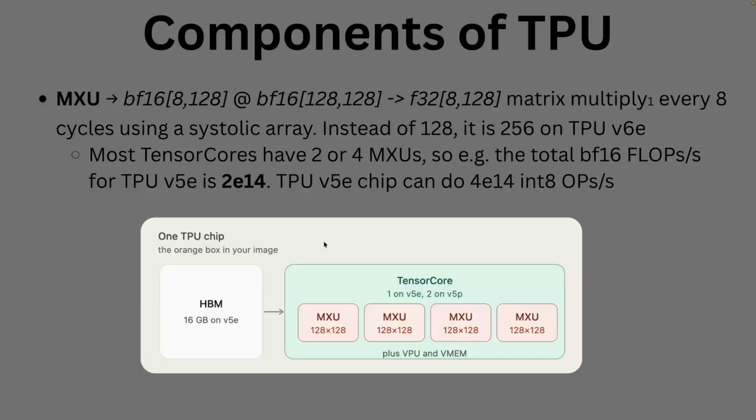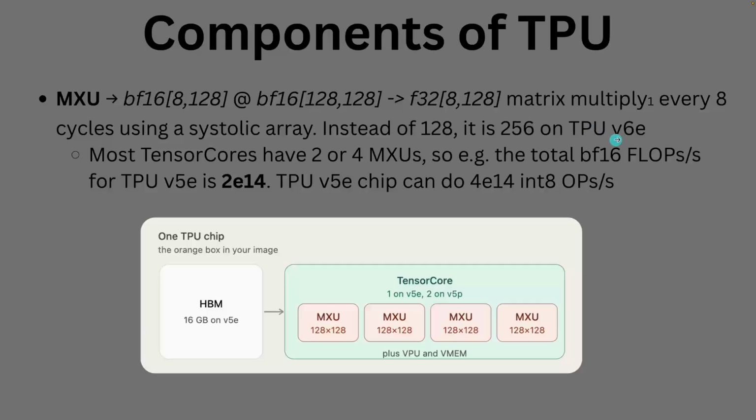Now let's look at each of the components of TPUs. First is the matrix multiplier unit. Each MXU is able to take an 8 by 128 matrix and another 128 by 128 matrix and do this operation every 8 cycles with a systolic array.